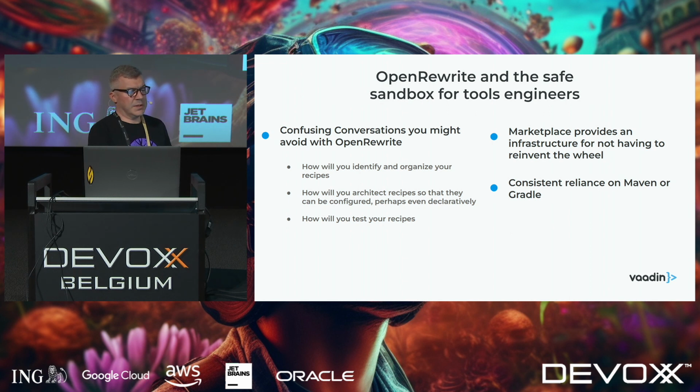And then finally, there's this consistent reliance on Maven or Gradle. OpenRewrite is compatible with both of these. JDT would be as well, but with JDT it can be very confusing when you're creating a plugin and you're not sure at what point you're tying yourself into Eclipse, the IDE.